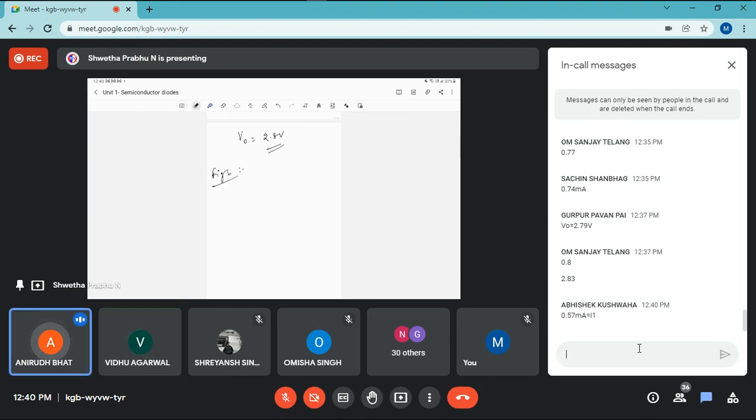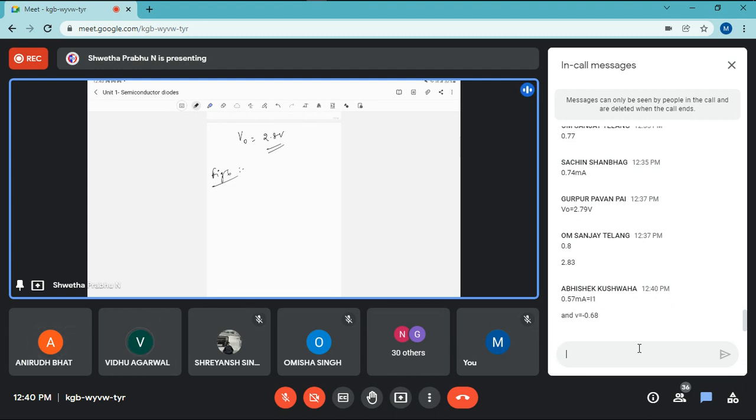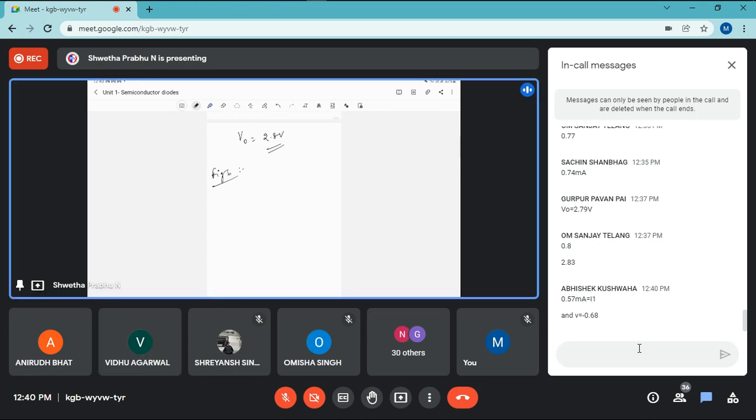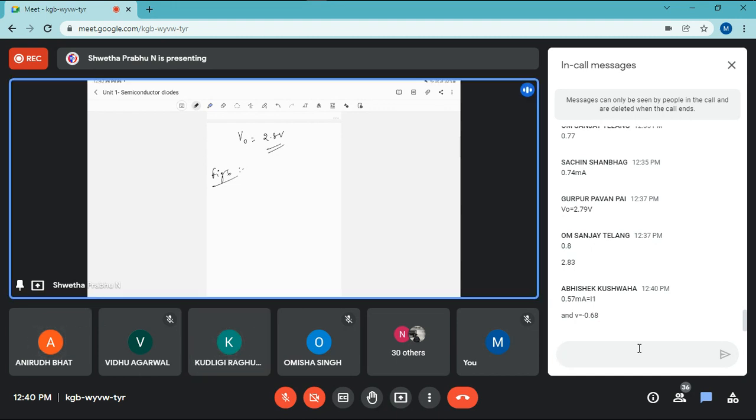Who told this answer? Vidhu, ma'am, 0.228 milliampere across D1. Correct. Can you solve this question? Because most of us didn't get the answer right. Could you please go through this question from start to end? Okay. Thank you, ma'am.